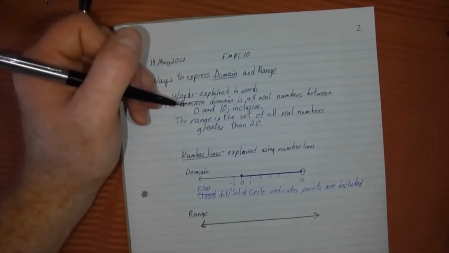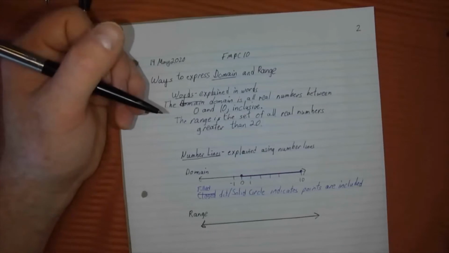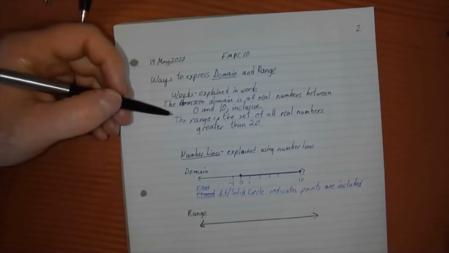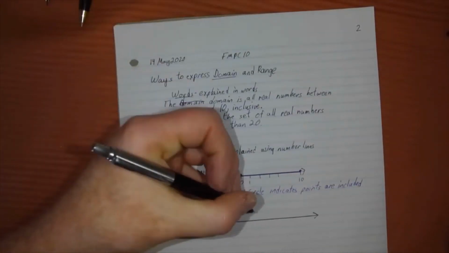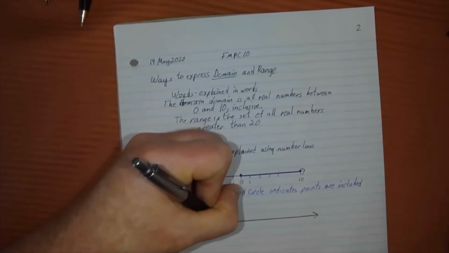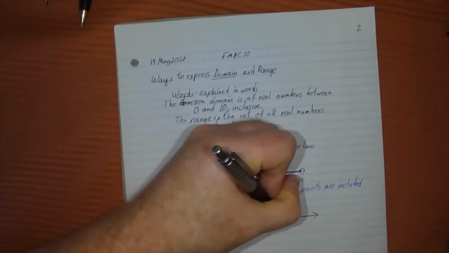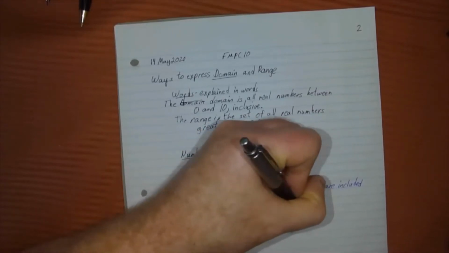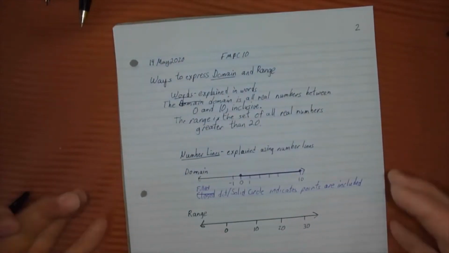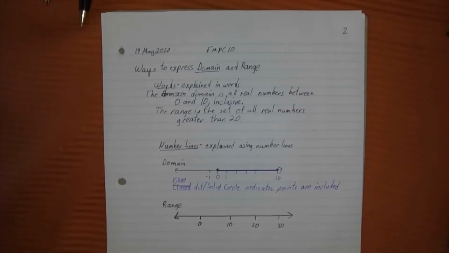All right. The range we've set up here is the set of all real numbers greater than 20. All right, so I'm going to do 0 down here, 10, 20, 30. There we go. All numbers greater than 20.